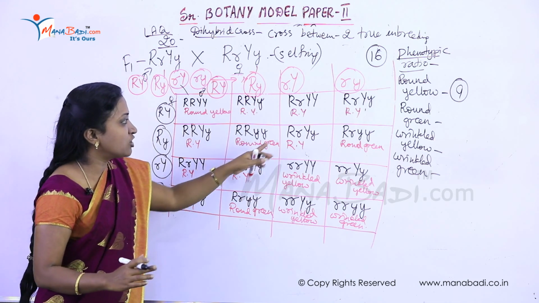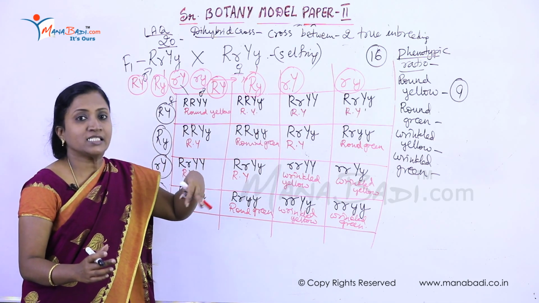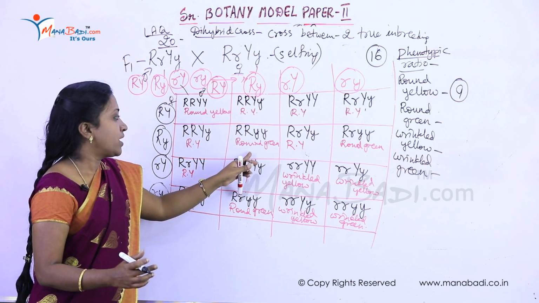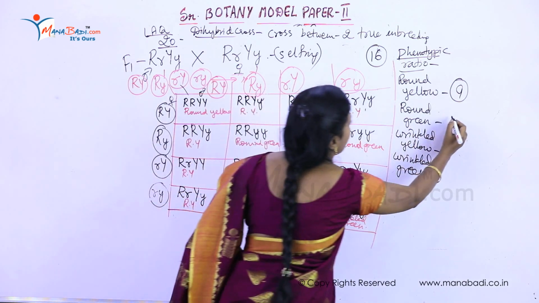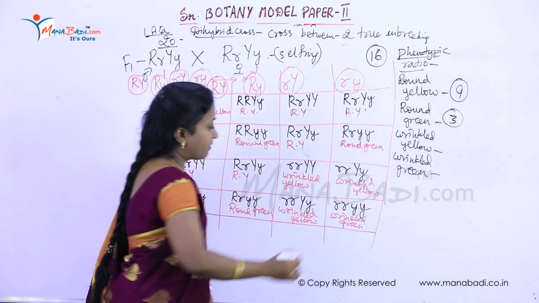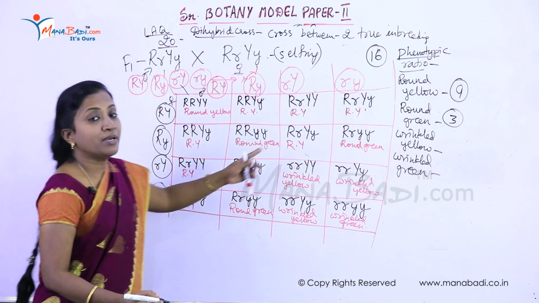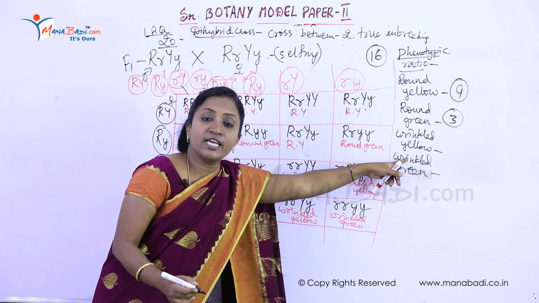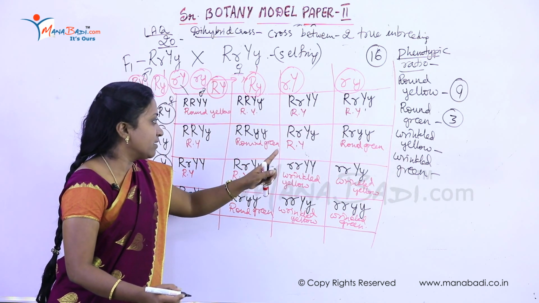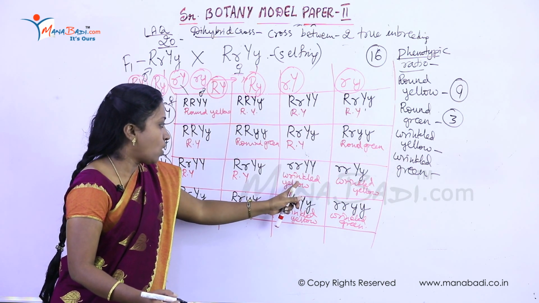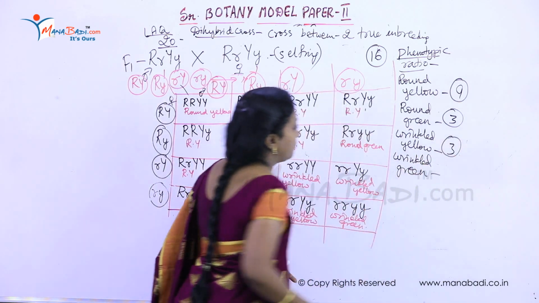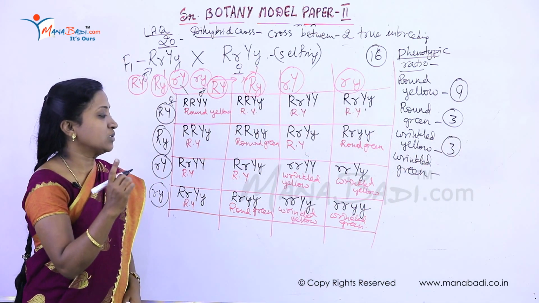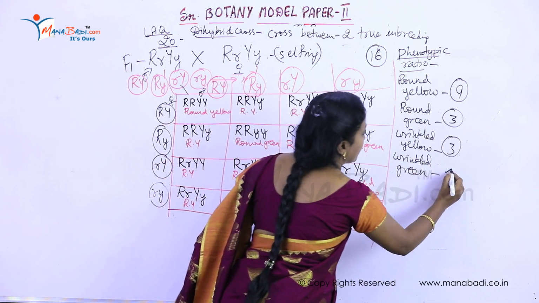Now coming to the next phenotype, round green: 1, 2 and 3, so 3 round green offspring. Now coming to the next phenotype, wrinkled yellow: 1, 2 and 3 wrinkled yellow. Now the balance, that is 1 wrinkled green.